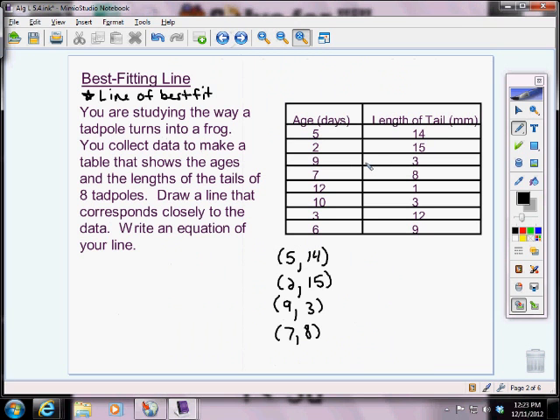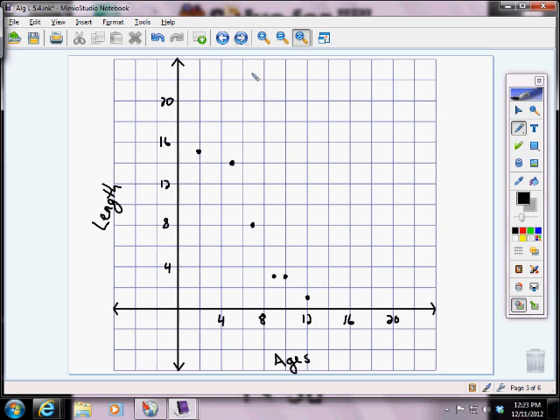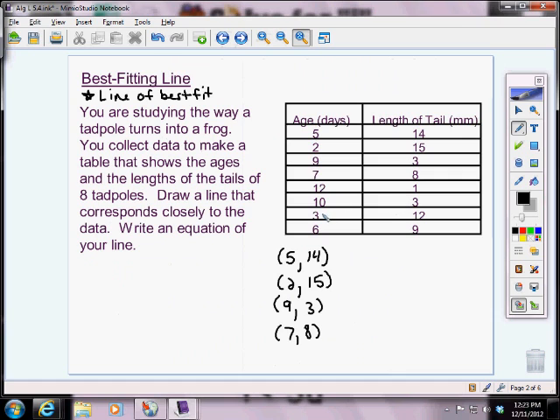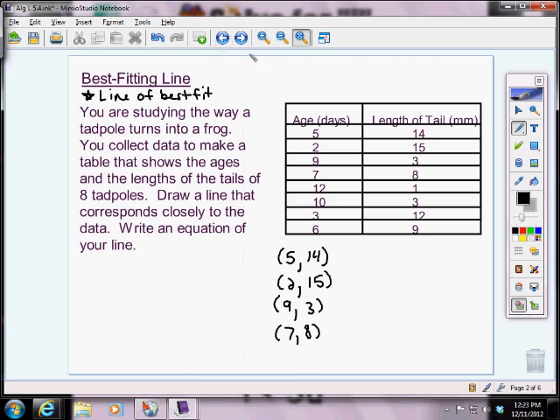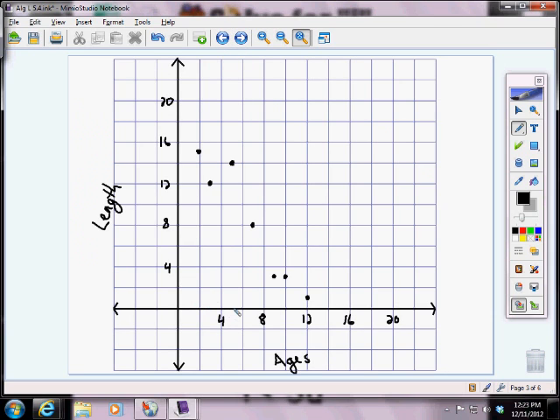I apologize. I put the 9, 3 where the 10, 3 should be. But we do have both of them now. 9, 3 and 10, 3. We also need 3, 12. So here's 3, and 12 will be right here. And 4, 6, and 9 will be right here.